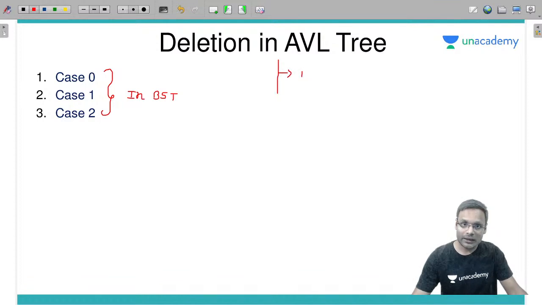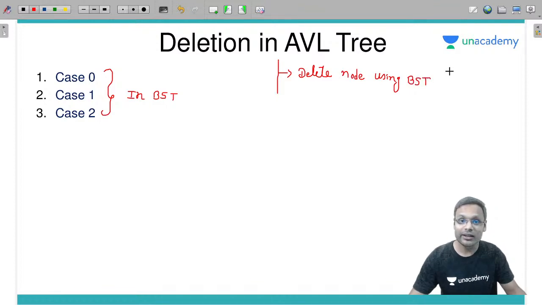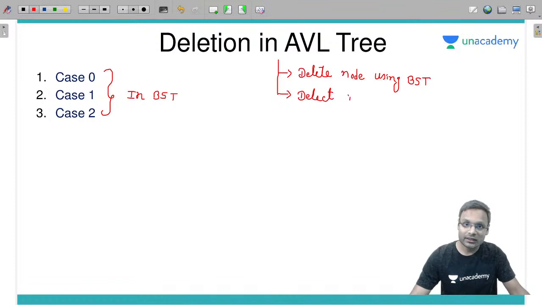The first step is delete the node using BST cases. जो BST के रूल हैं उनको लेके डिलीशन कर देने का. After that, detect if any imbalance is there.